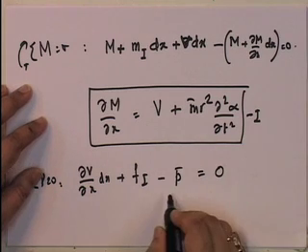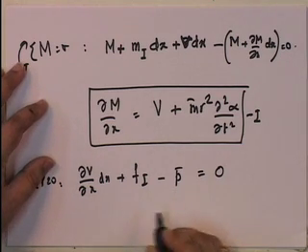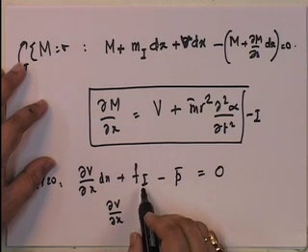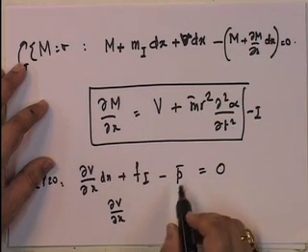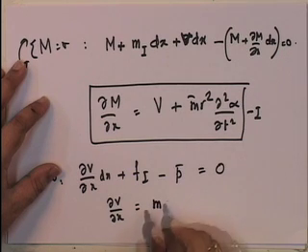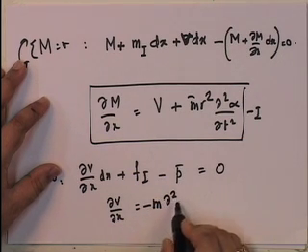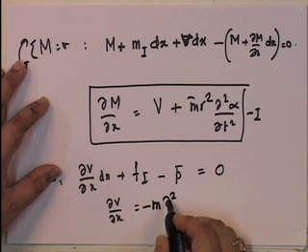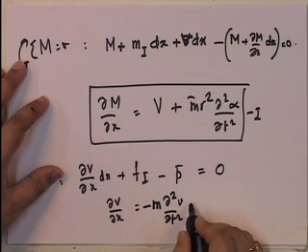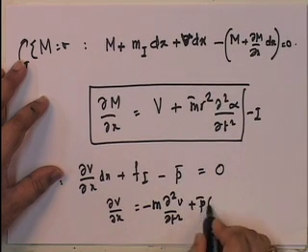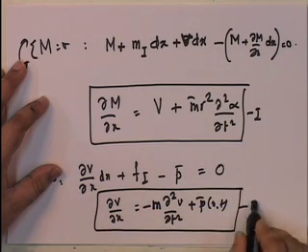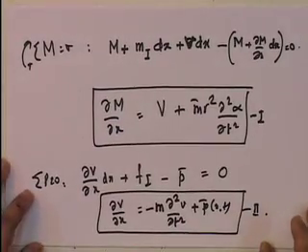Now, this can be rewritten as del v by del x, F I is equal to m bar dx into del squared v upon del t squared, plus p bar x of t. This is my second equation.